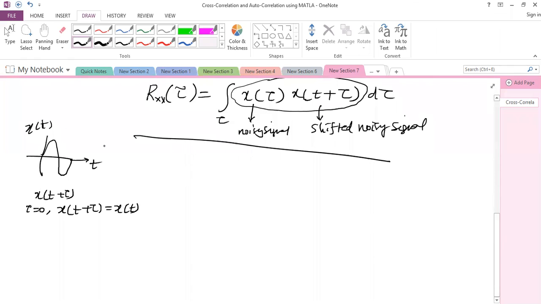So we will be getting the same signal. So this is x of t plus tau, that is, the amount of shift is 0.